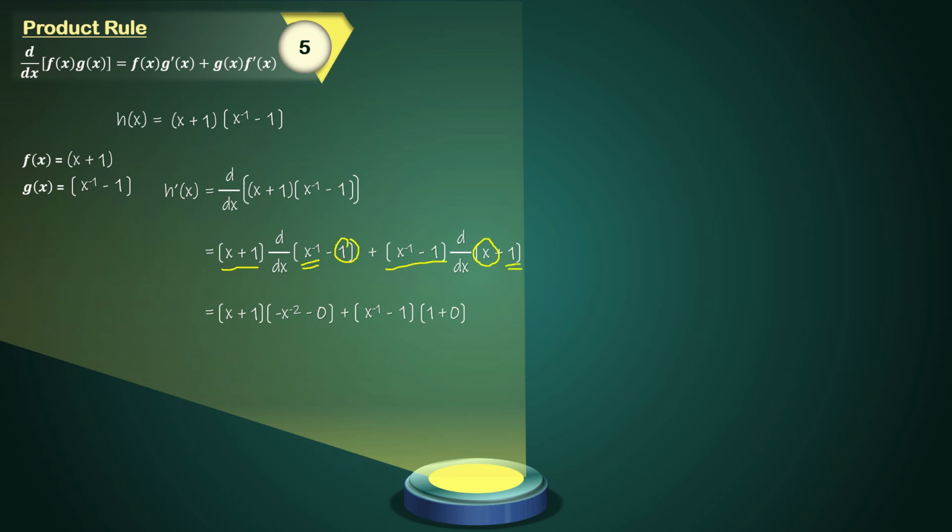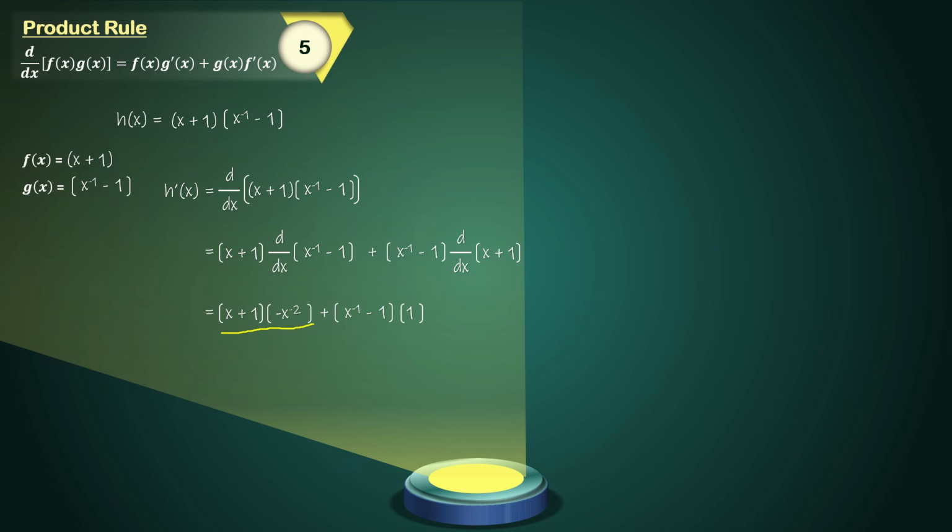Simplify. The difference of negative x raised to negative 2 and 0 is negative x raised to negative 2. And the sum of 1 and 0 is 1. Then, distribute negative x raised to negative 2 to each term of x and 1.